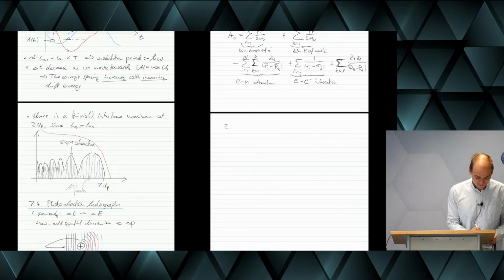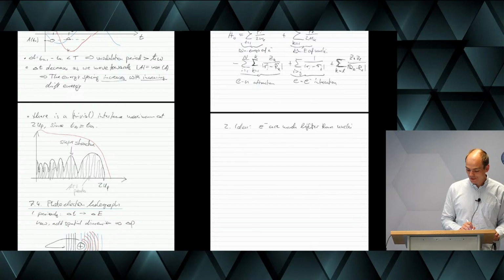And so the idea: electrons are much lighter than nuclei. Yeah, so even in the case of protons, it's a factor of almost 2,000.